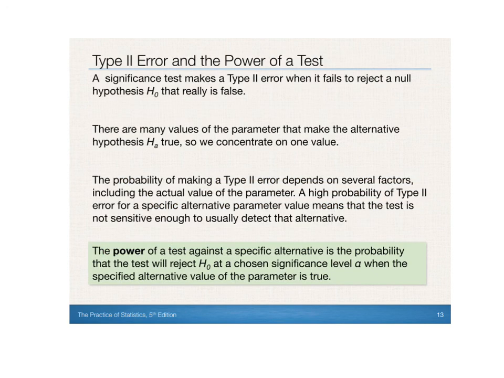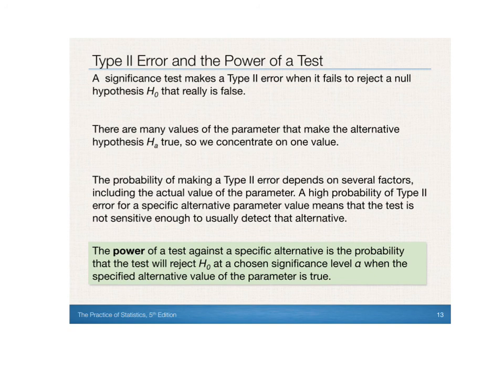Now, before we finish this video, we're going to talk more about type 1 and type 2 errors, and specifically the power of a test. We learned in the last video that a significance test makes a type 2 error when it fails to reject a null hypothesis that is really false. There are a lot of different alternatives that we could create, so we usually just pick one, whatever we specified in the example.